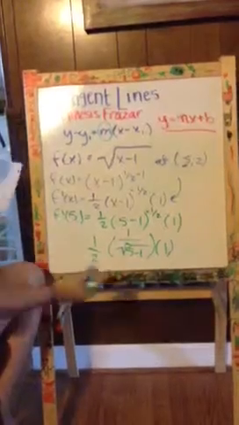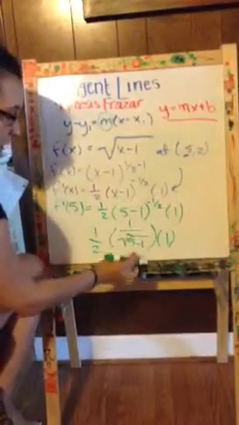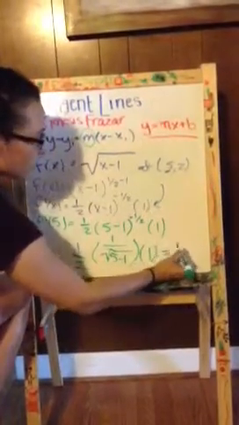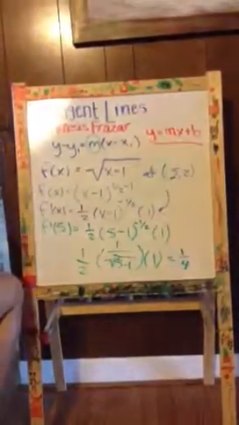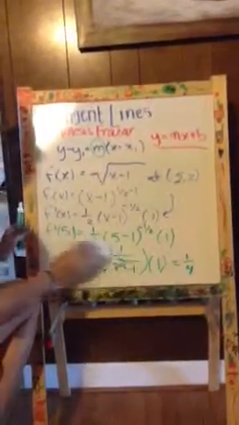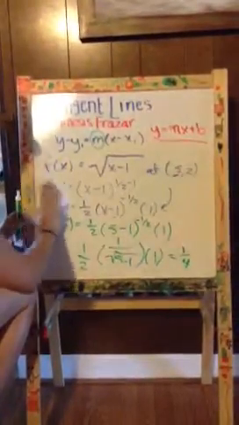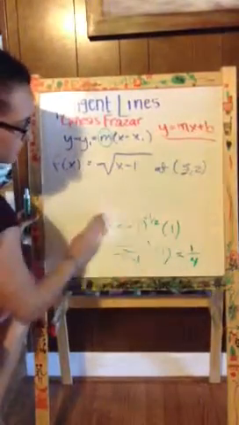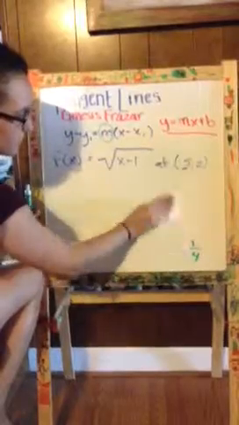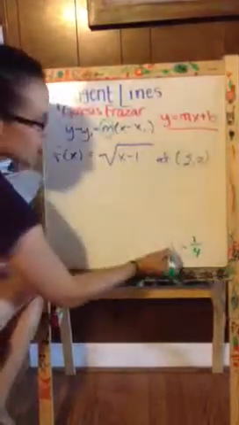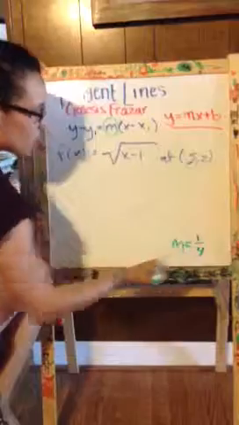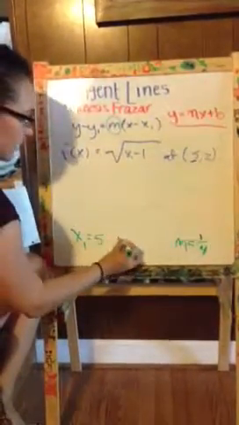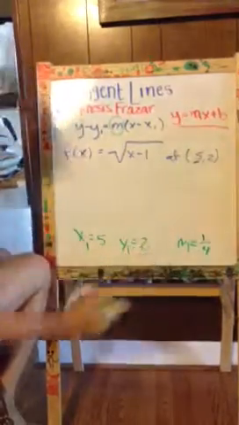So then from there, when you multiply all of this, your slope will be 1/4. So you know that m is now 1/4 for this equation. So the given slope is 1/4. Your x1 is 5, and your y1 is 2.